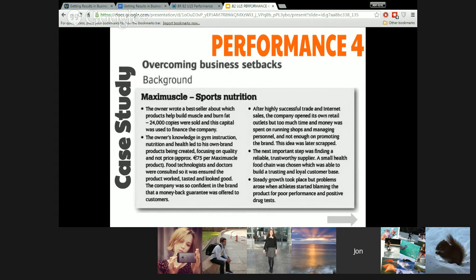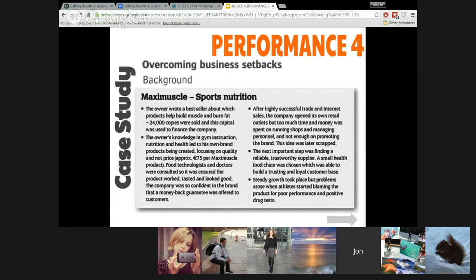Okay, Anna Carolina, can you continue on the right side? After highly successful trade and internet sales, the company opened its own retail outlets, but too much time and money was spent on running shops and managing personnel, and not enough on promoting the brand.